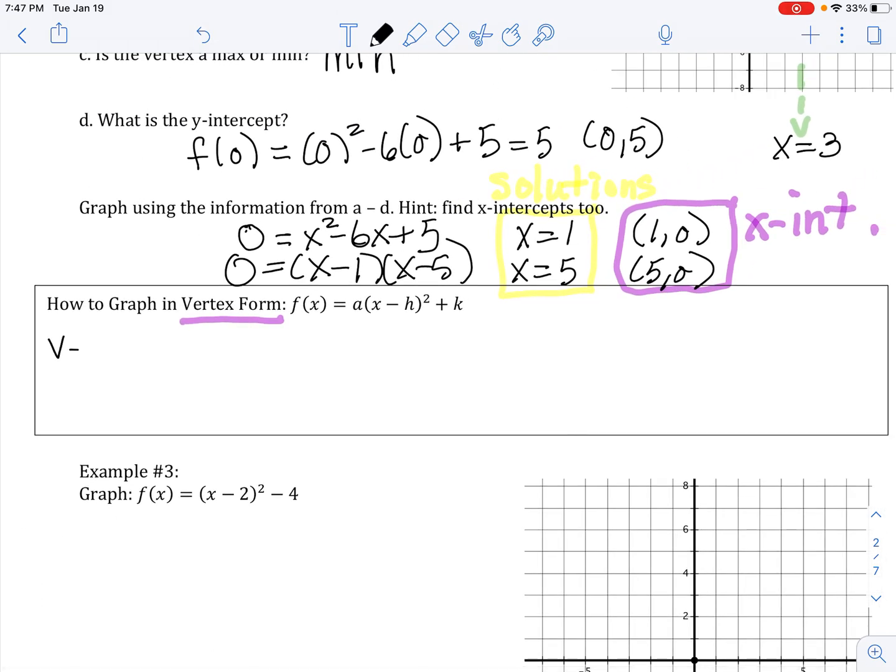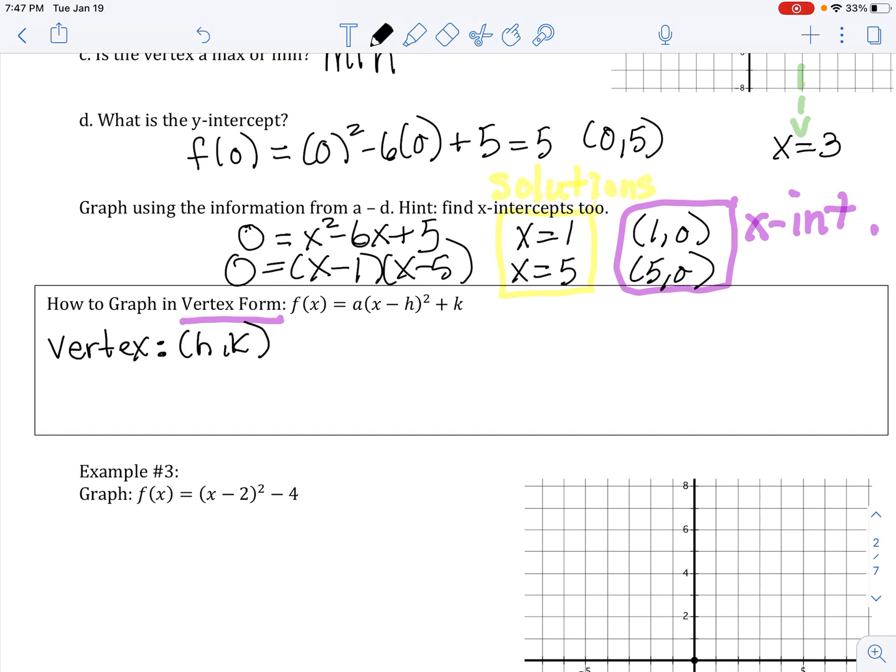The letters h and k represent the vertex of the quadratic. In the form x minus h, you pull out the value as a positive h and k as a positive k.